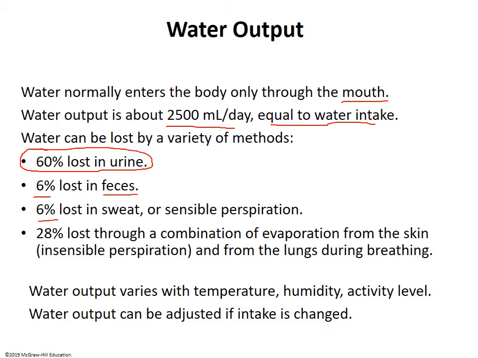There's a small percentage that is lost in sweat. But again, there's a pretty big amount that's lost through what it says is insensible perspiration, which just means we're constantly radiating water away. And then the breathing out that we do every day. Water vapor is going to be released in our breath.